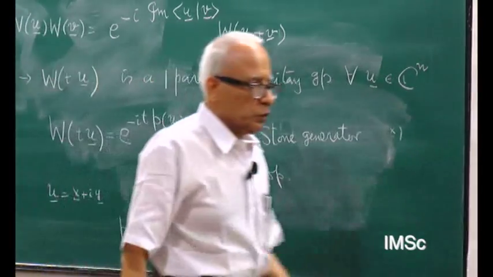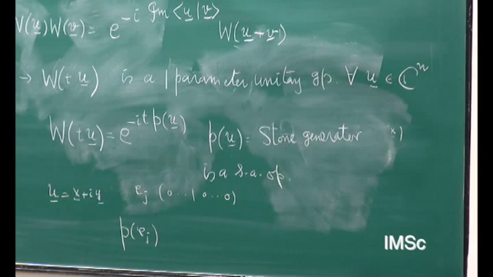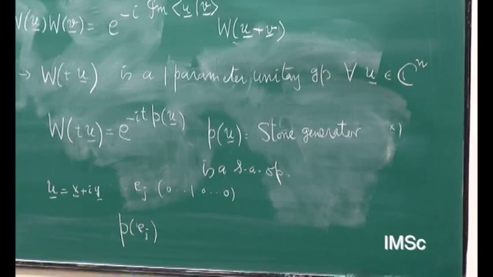P(e_j), you have to normalize it with, I thought I had written it in the notes, either 2 to the power minus half. P(e_j) multiplied by 2 to the power minus half.